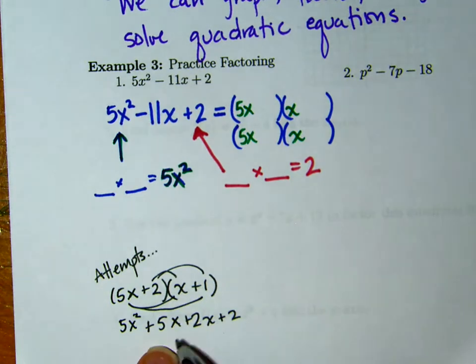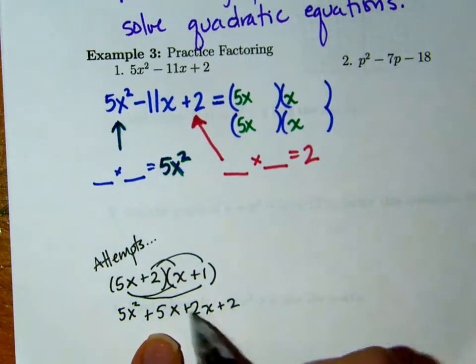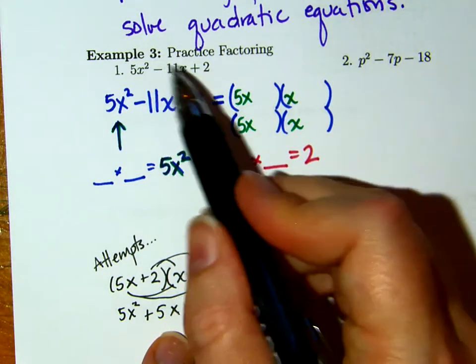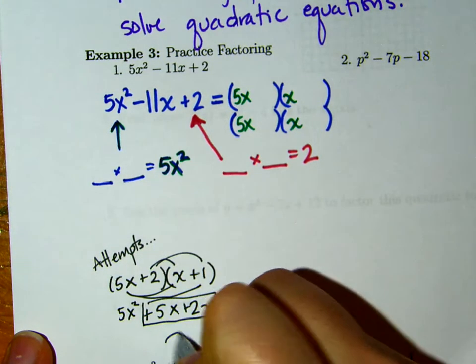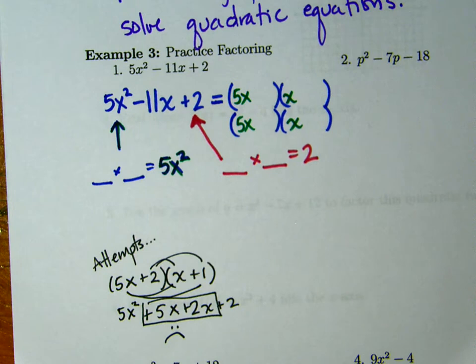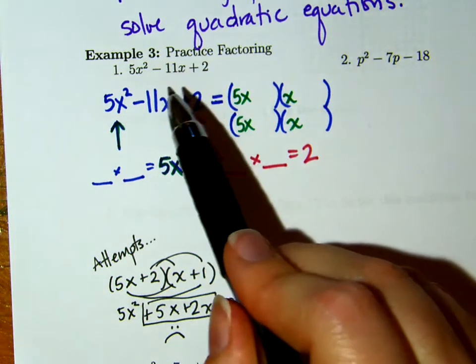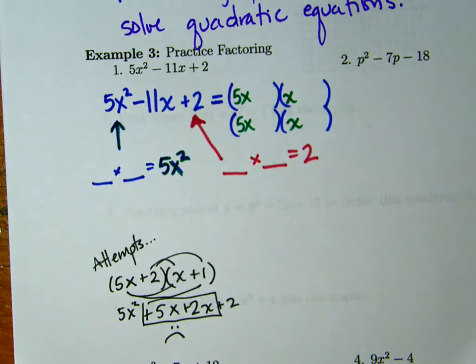That's 5x squared, but notice we have 5x plus 2x. That makes plus 7x. So this did not work out. But the plus 2 did. The 5x squared was right and the 2 was right. It's just that those middle terms are supposed to add to negative 11.